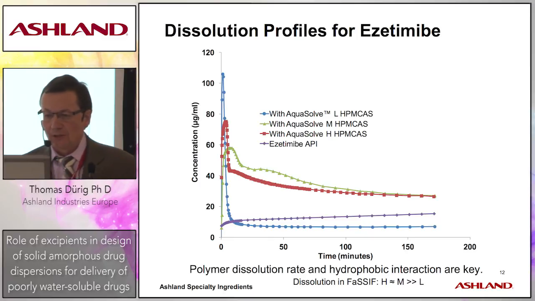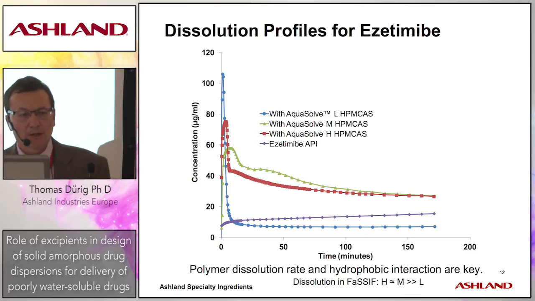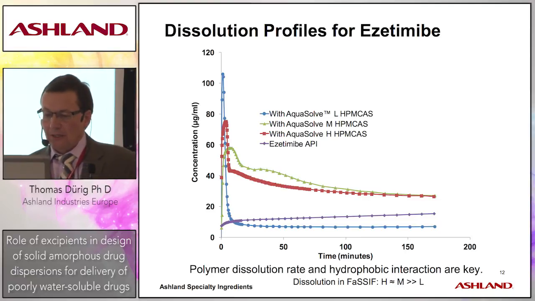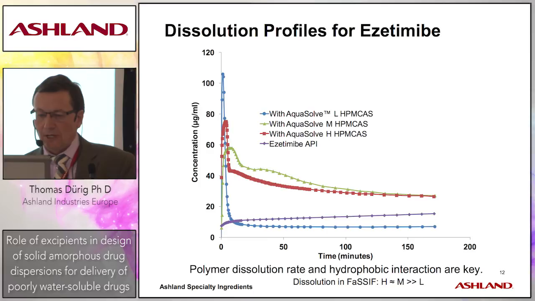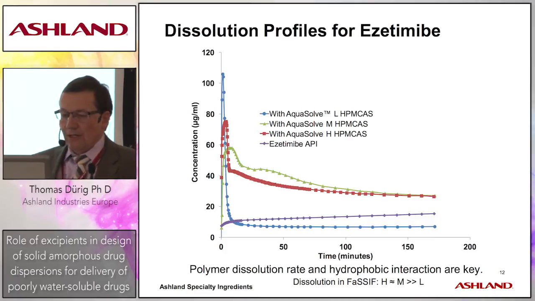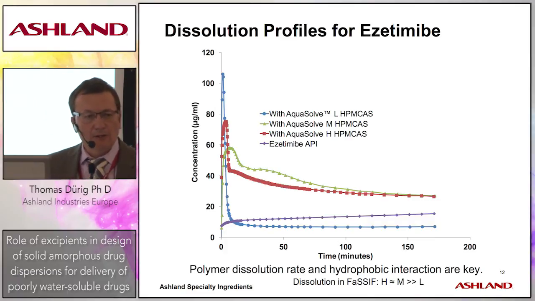If we looked at the dissolution behavior, we again see some interesting discriminating behavior between these. On the red line here, that would be the HPMCAS H grade, and the green would be the M grade. You kind of get some form of a parachute, as you can see. We're extending a relatively higher concentration for maybe an hour or two.